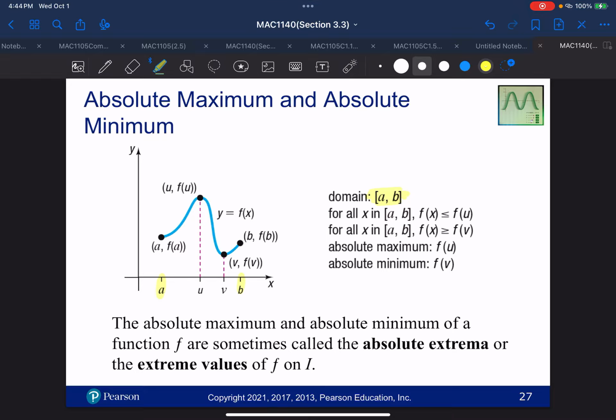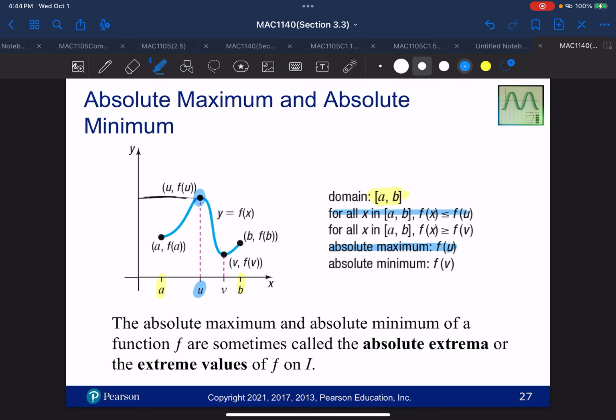And if we look at this x value of u here, the output, f of u, is the largest value in this entire function, the largest y value. So that is going to be our absolute maximum because of that.